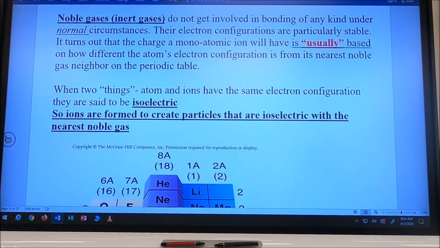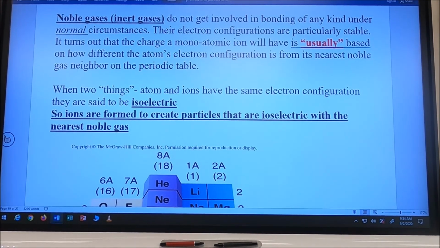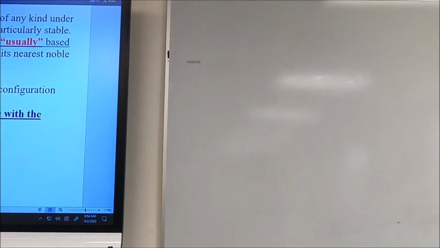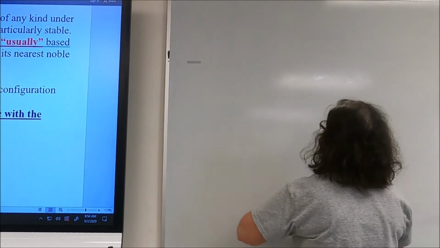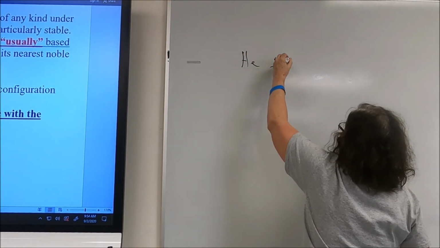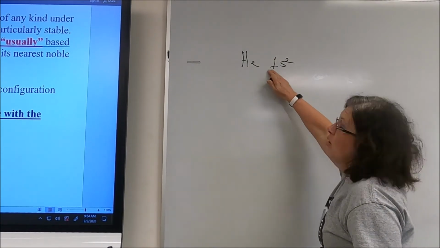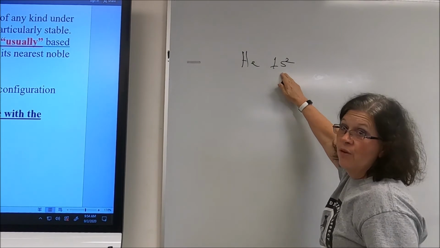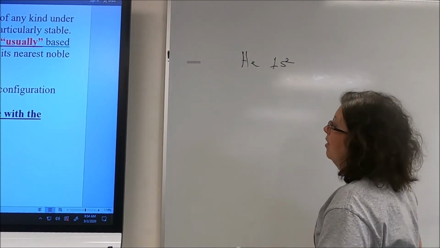Okay, let's scoot over. If we start off with helium, He, its electron configuration is 1s2. The outermost shell for helium is filled because its outermost shell is the first shell that only has the s subshell.